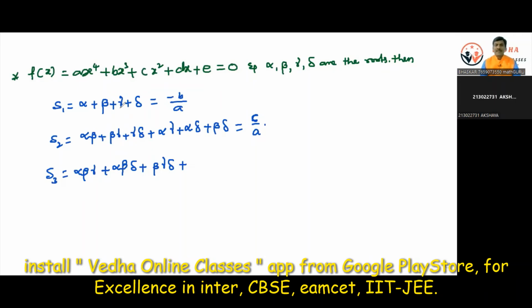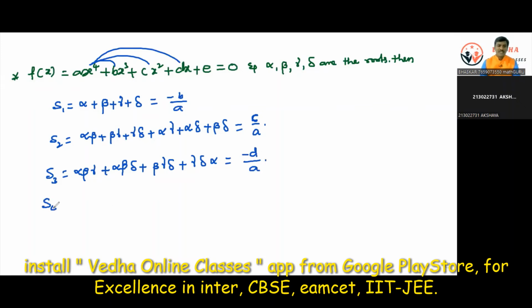Next, gamma delta alpha, is it there? No, so the next one is gamma delta alpha. This is equal to, first negative, then positive, then negative, so we get minus d by a.